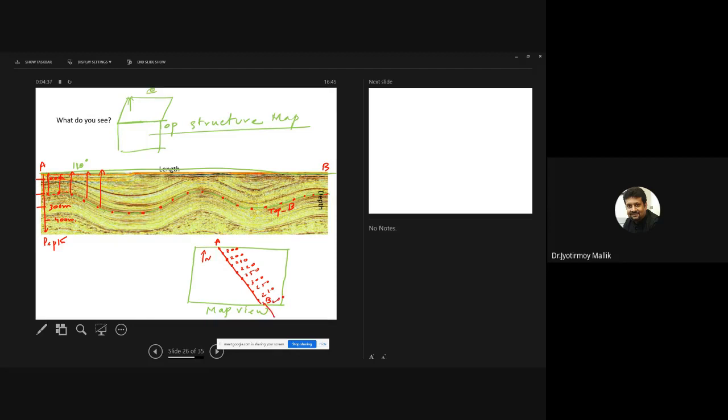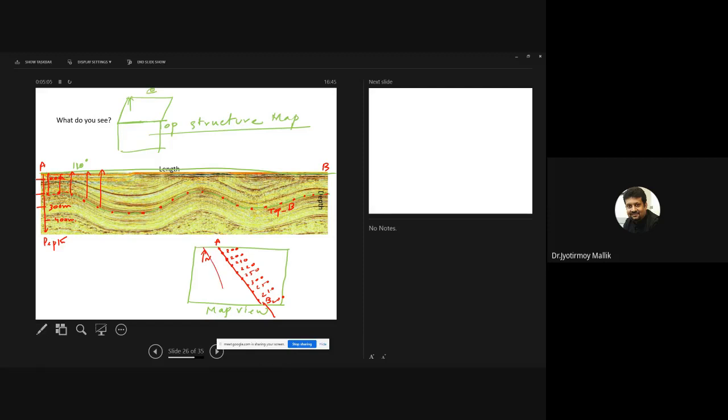It can continue all the way. So along these 2D lines, I got the different depths at which I can interpret this particular top B surface, the top B reflector.